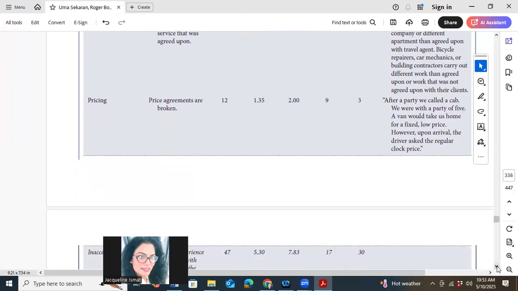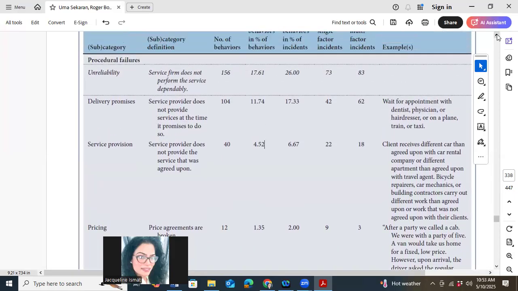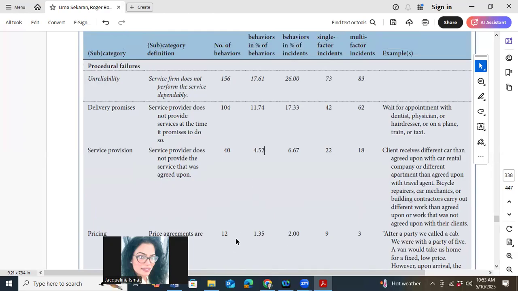Pricing agreements are broken. So again, on the anchors above, these are the outputs. So 12 times it was reported. Much less than this. The procedural failure related to pricing is 1.3% in terms of behavior.